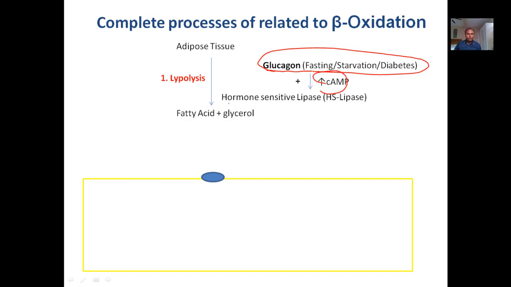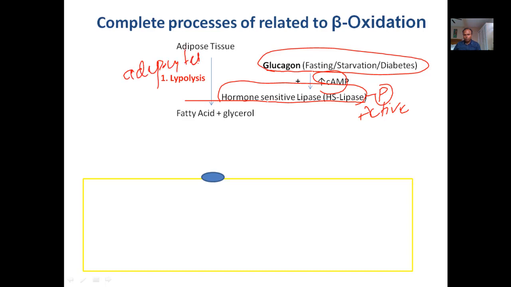Then this cAMP activates hormone sensitive lipase. Remember, this is a very important enzyme. This enzyme is phosphorylated, so it gets phosphorylated and activated. This active enzyme will do lipolysis in the adipocyte. These events happen in adipose tissue, where triglyceride is converted into fatty acid and glycerol.